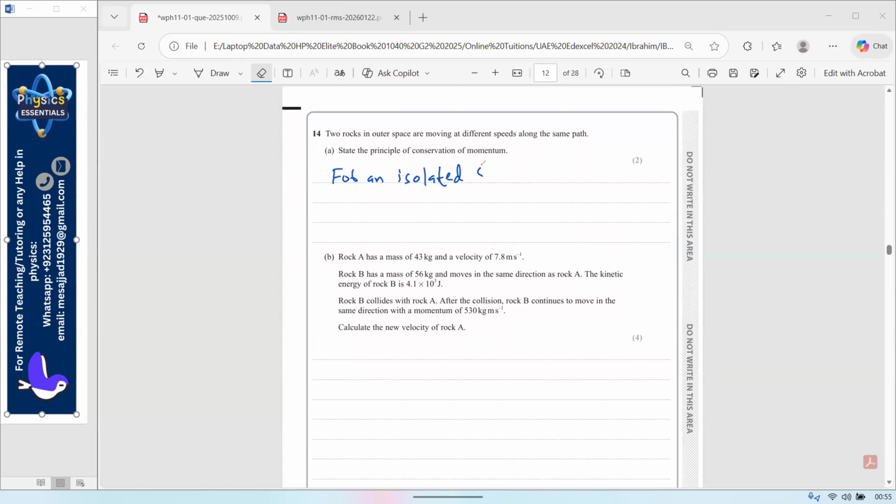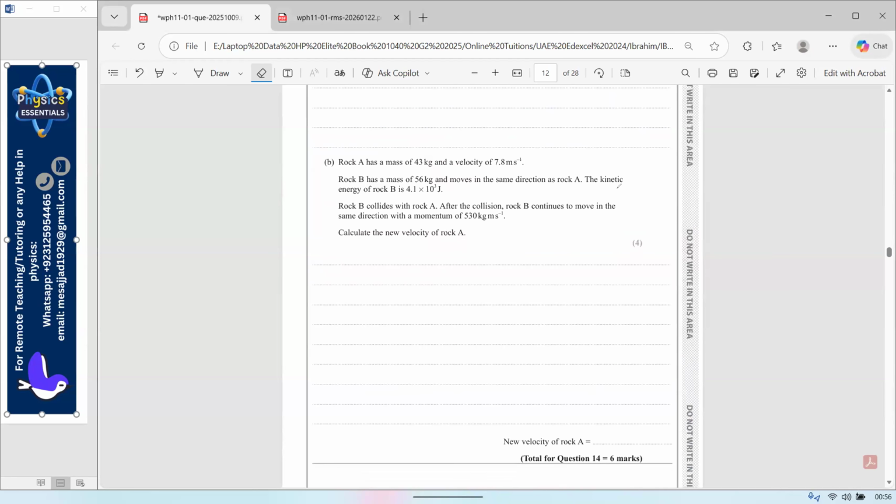For an isolated system, that means there are no external forces acting, the total momentum of the system is conserved.